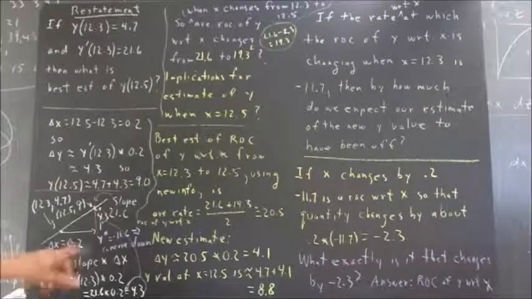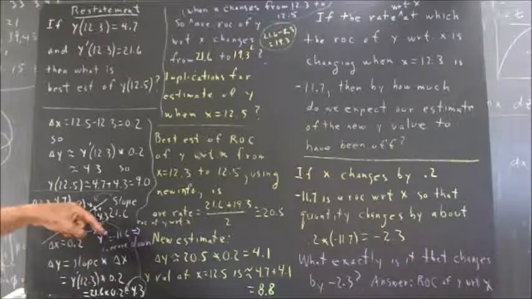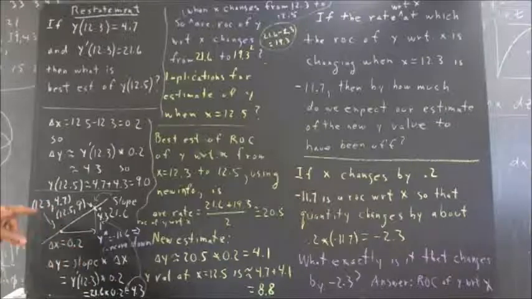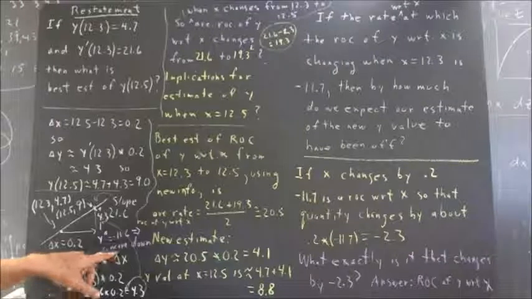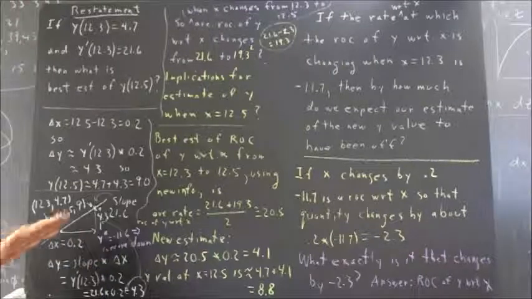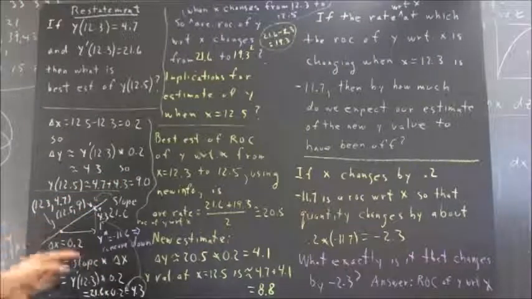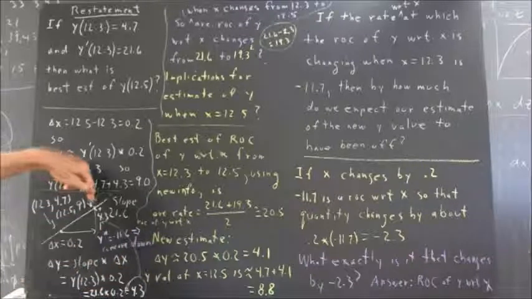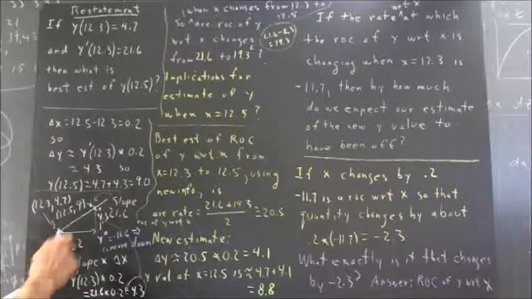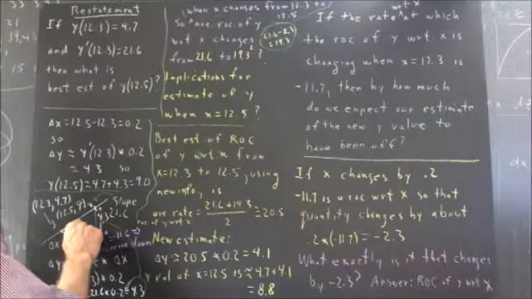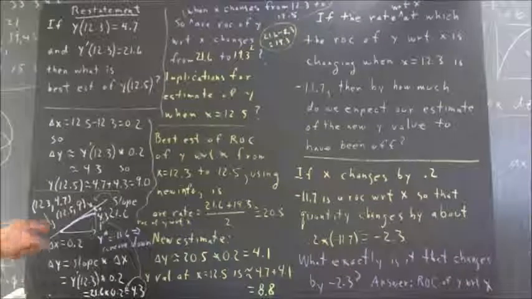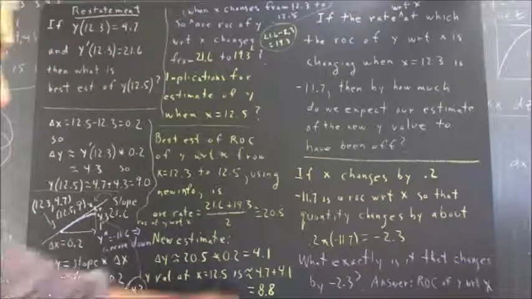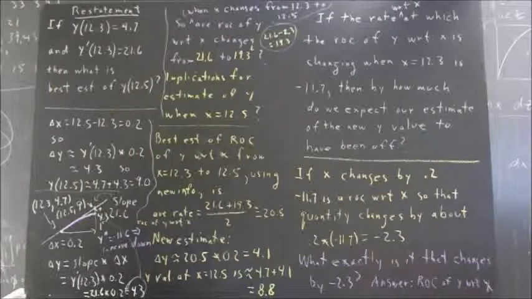And I'll add that y double prime at 12.3, y double prime equals negative 11.6, would imply that instead of being a straight line, our graph is concave down, meaning that this 9 was a bit of an overestimate, and that our actual graph had some sort of downward concavity, and the result being that our estimate would be reduced from 9 to 8.8.